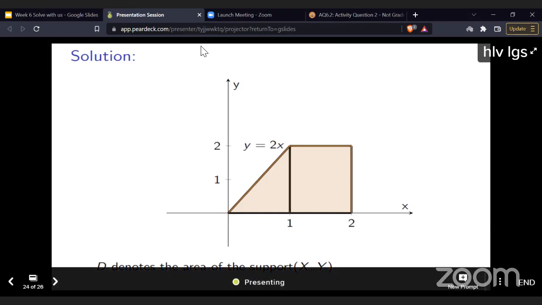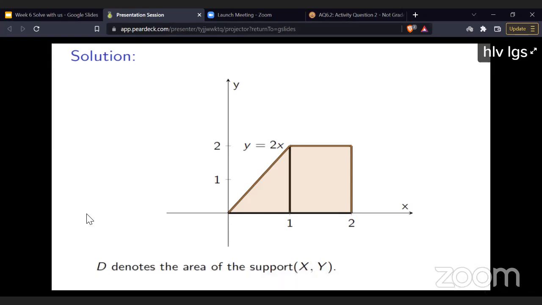Yes, that is right. So the way the joint PDF was defined, you had this region D, the shaded region that you can see. Now you have to find the marginal density of y. To find it, we integrate the joint PDF with respect to x.